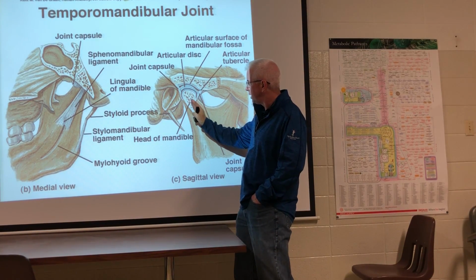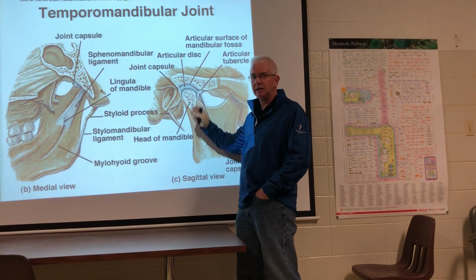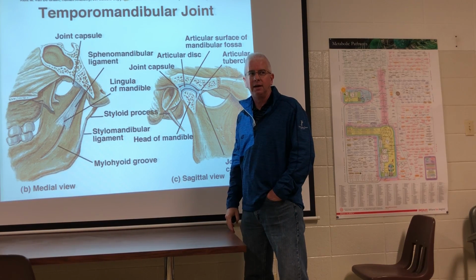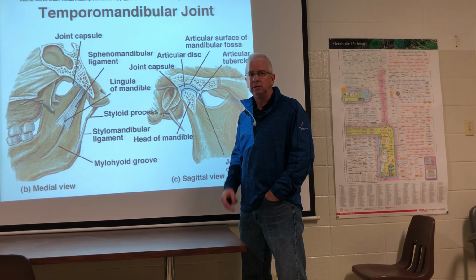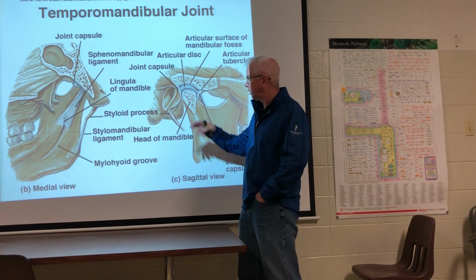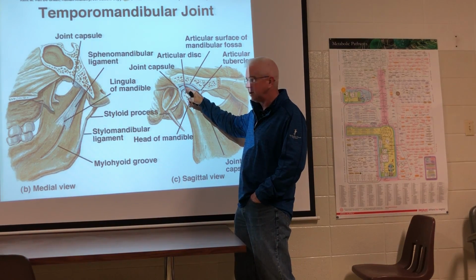Well, you've got to ram that condyle up into that disc and hold it and grind it, yes? So when you hear somebody has a problem with their joint because they're grinding their teeth like that, the problem is not with the grinding of the teeth. The problem is with the grinding of the mandibular condyle inside this joint cavity.